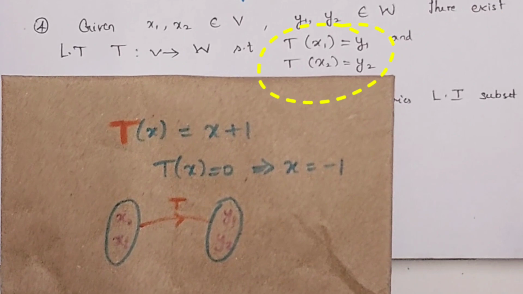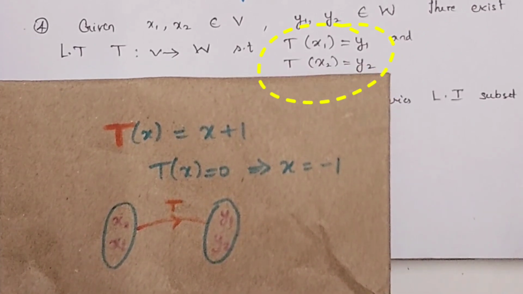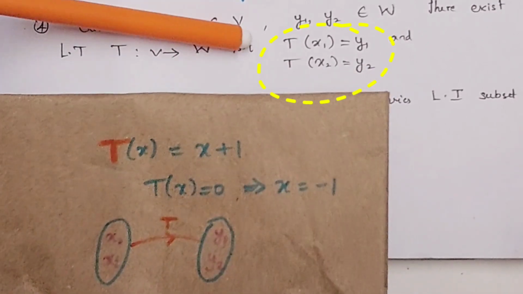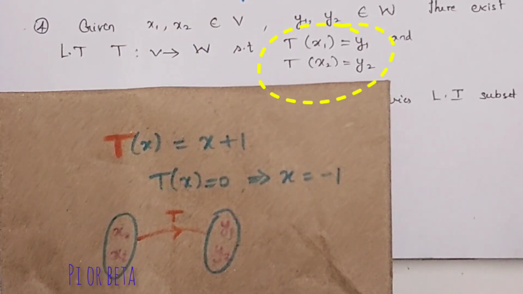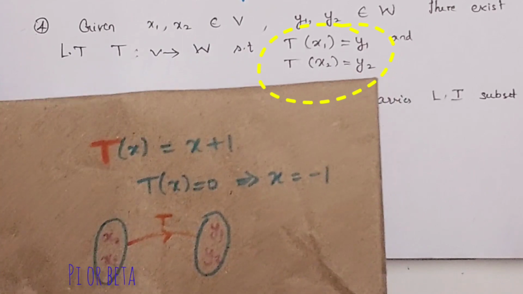So we have to construct a transformation in that way to satisfy these two conditions. Is such a transformation possible or not? This is the question.